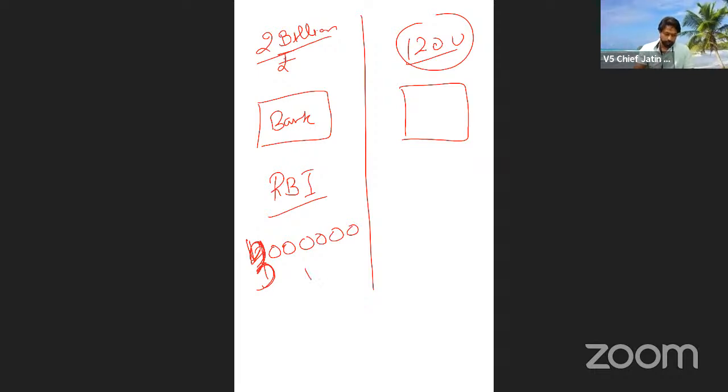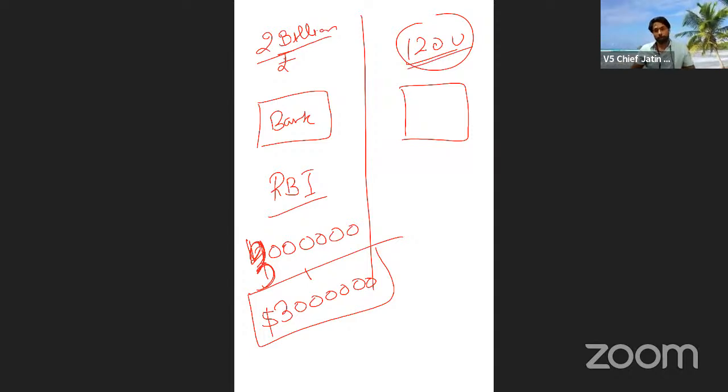If I have to open a bank in India, I have to give away this much money to my central bank. And Royal Q is asking you only $120, and you have become a bank. You can keep on asking people to invest through Royal Q on crypto markets.